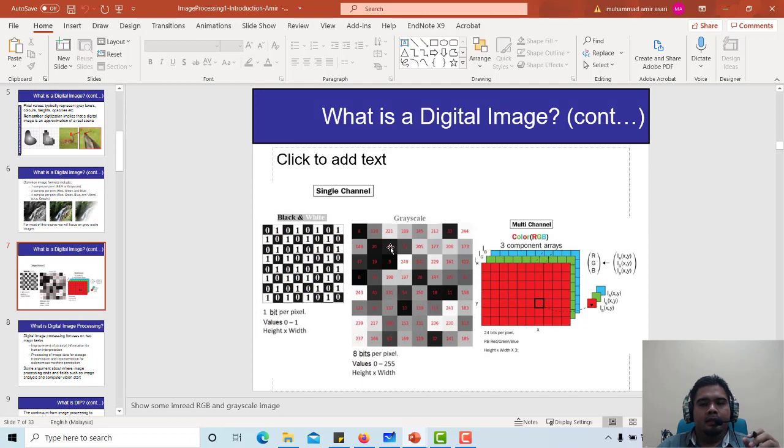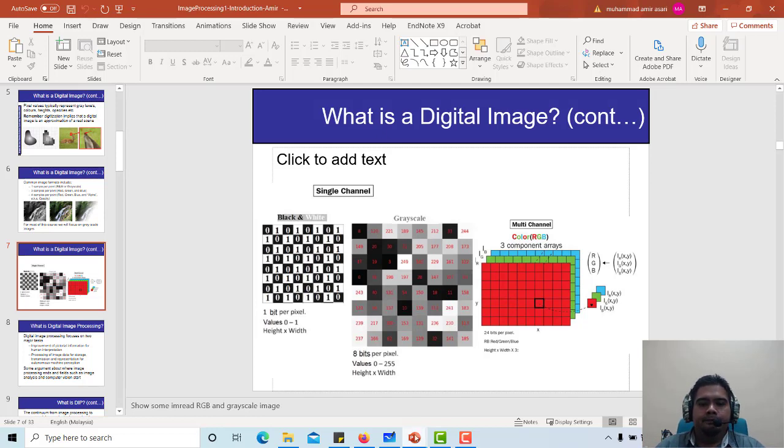And this color inside the box, the so-called pixel, if we convert it into number format, can be seen as a matrix. Regardless of whether it is grayscale or black and white, you can see a matrix form there, which is why a digital image can be represented as a matrix.